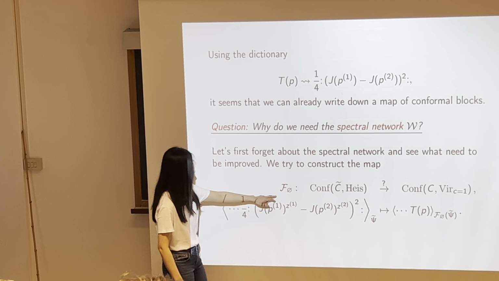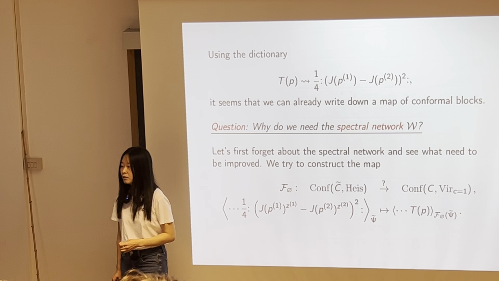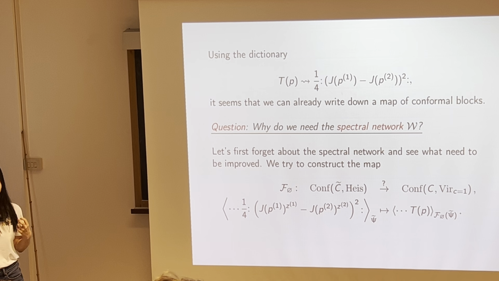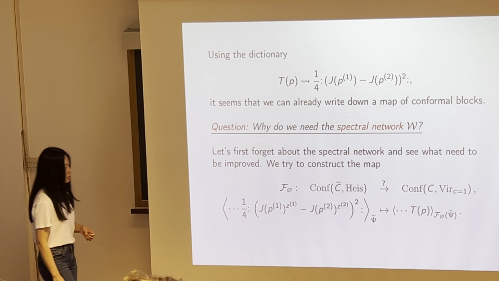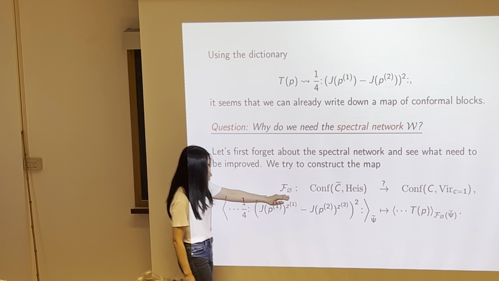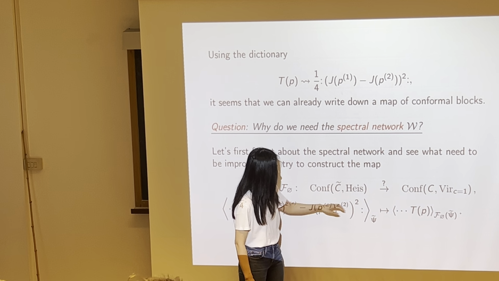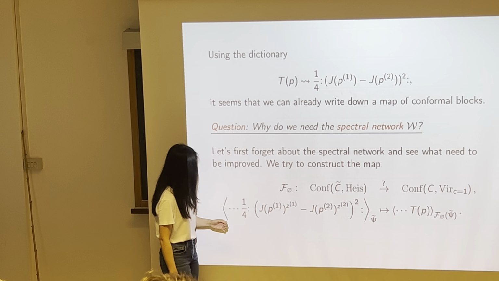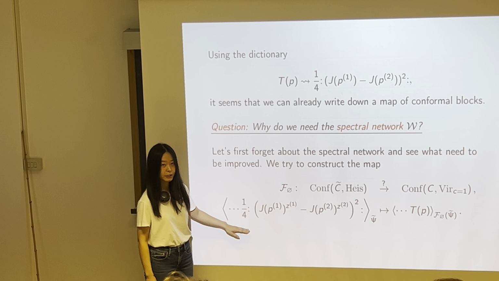So here I'm using an empty set representing this, and tell you what needs to be improved for this naive non-Abelianization map. So here, I'm going to assume that this map is what we want to go from the space of Heisenberg blocks to the space of Virasoro blocks at c equals 1. And this map is given by simply implementing this dictionary.